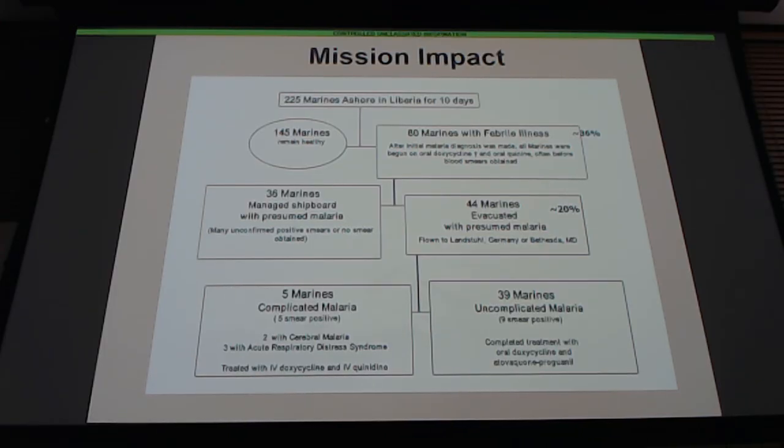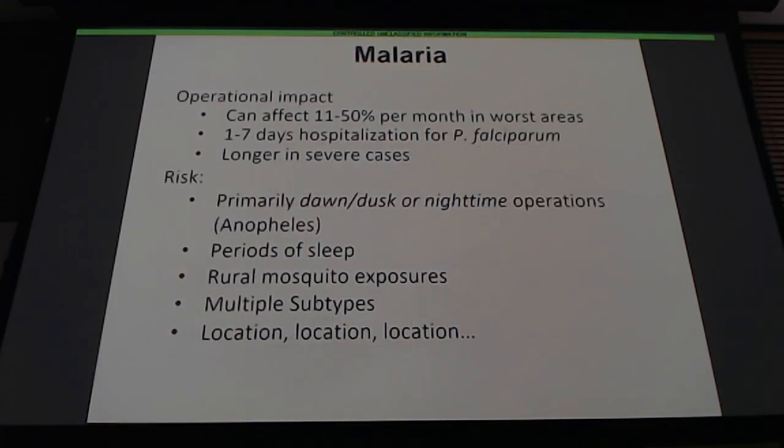So this is a prime example of making sure that your people are prepared and taken care of for whatever environment they're going into. Right? These guys could have been given doxy, right? They start 2 days before they go out, and they probably would have been protected. But nothing was done. And they came back sick. At least 36%.